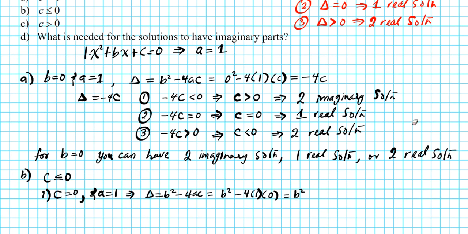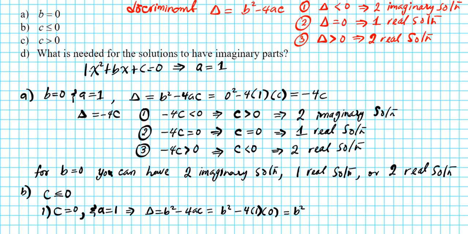Now let's look at the three cases where it's negative, equal to 0, and positive, and see which one has defined values for the solutions of the inequality or equation. So for scenario number 1, where the discriminant is less than 0, b squared less than 0.